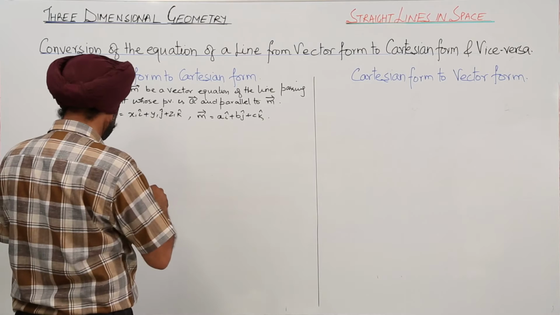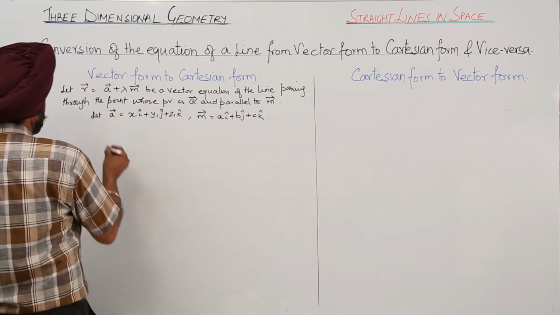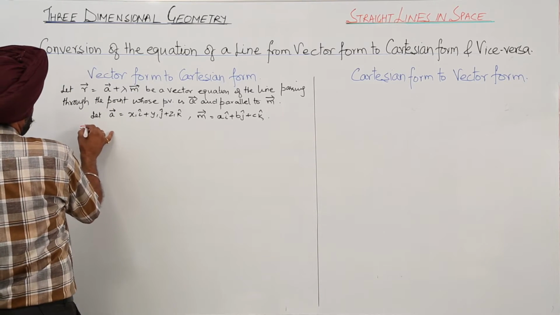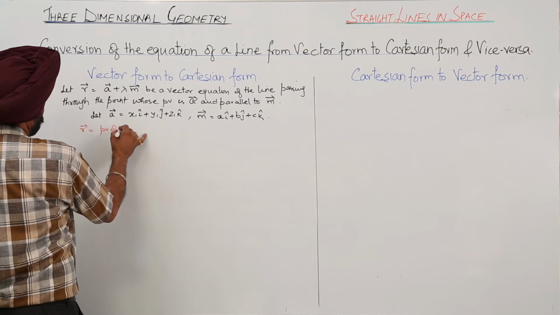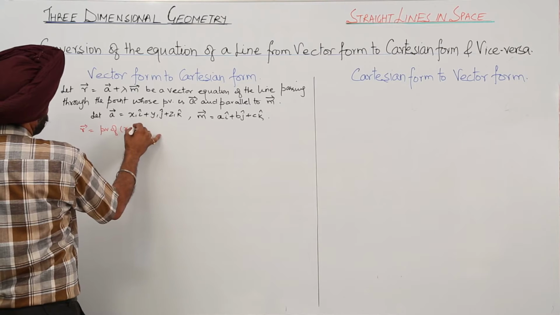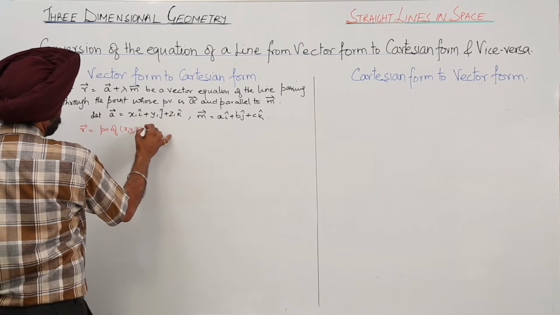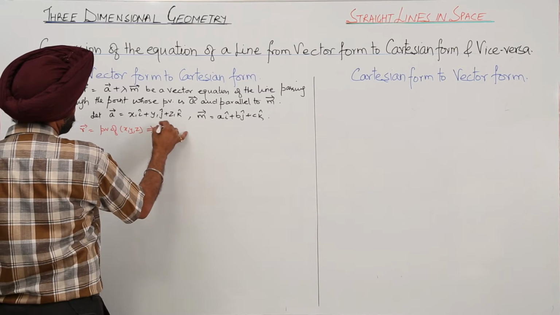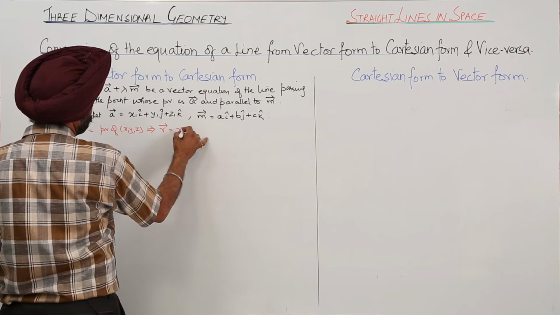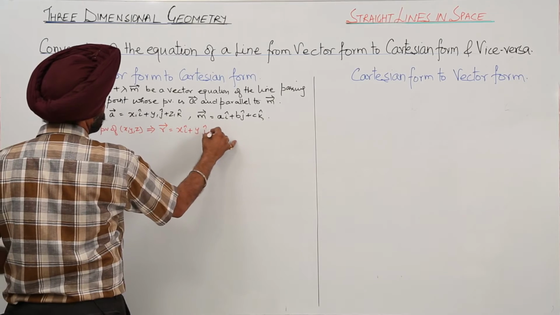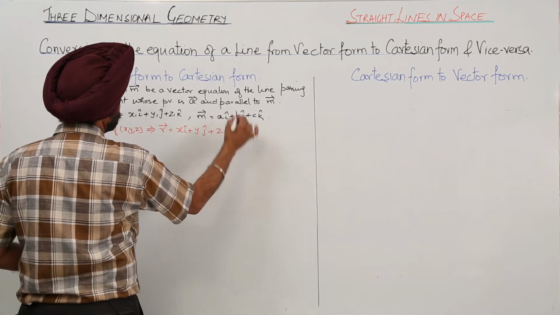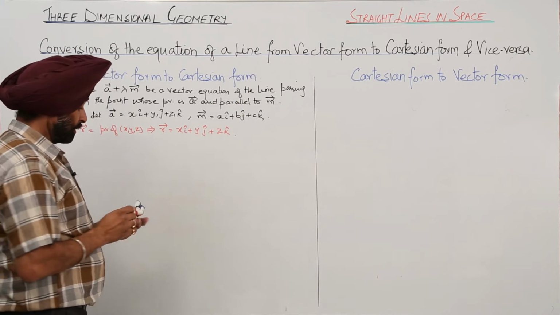Now vector r is what? Vector r is equal to the position vector of x, y, z, which implies vector r is equal to x i cap plus y j cap plus z k cap. Okay.